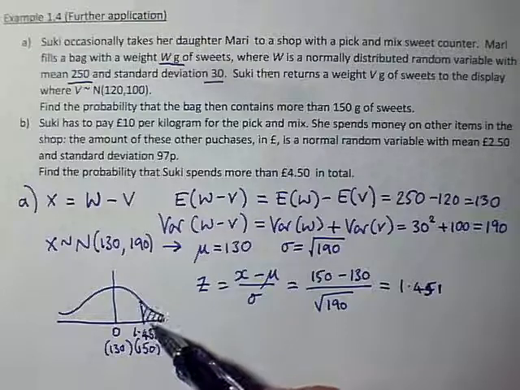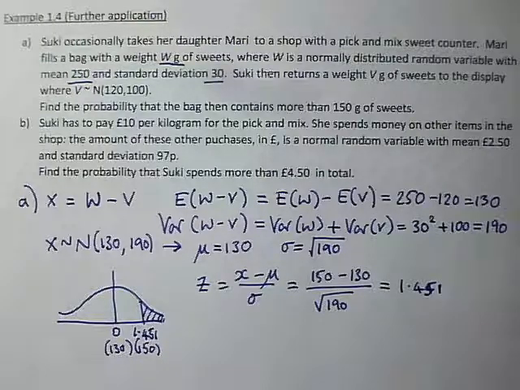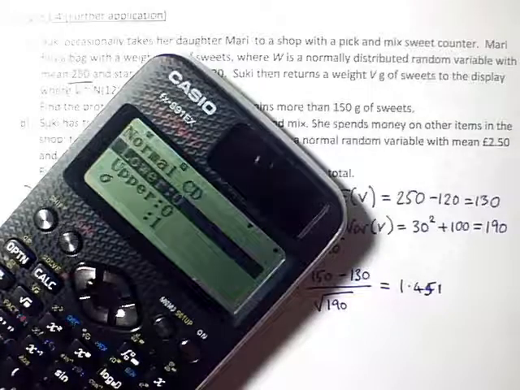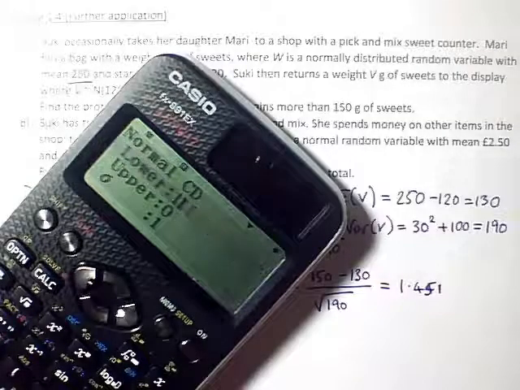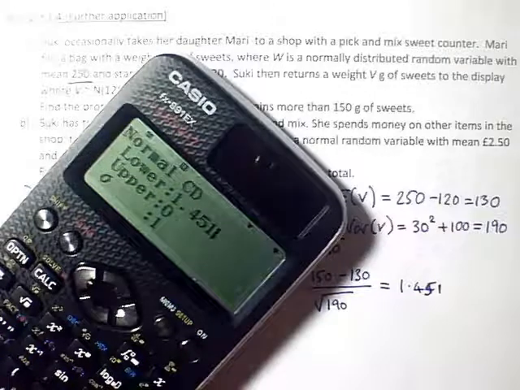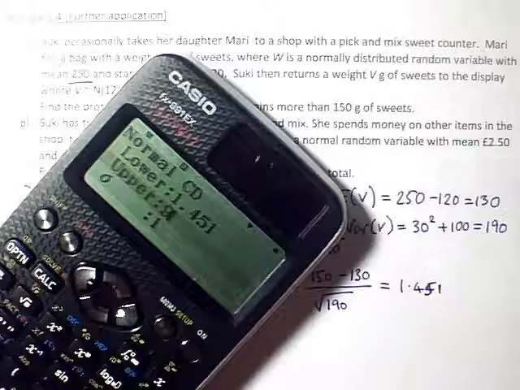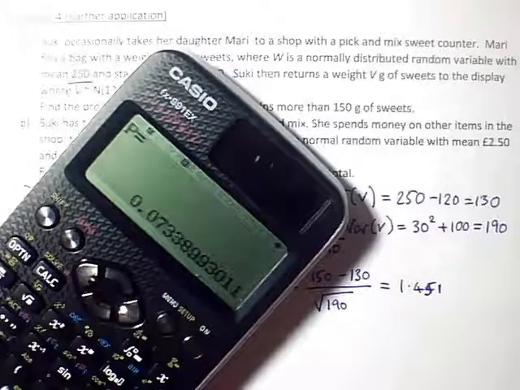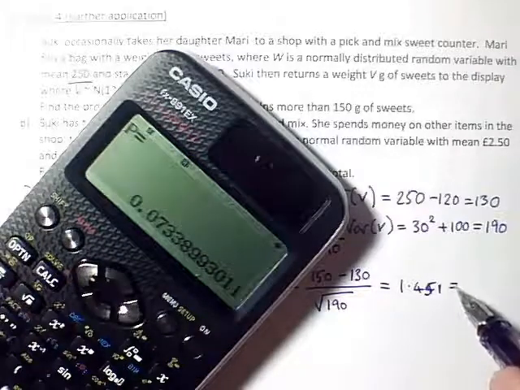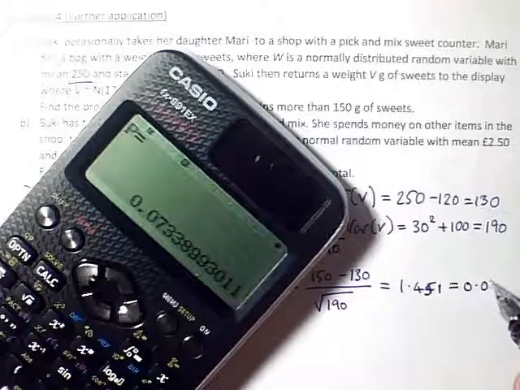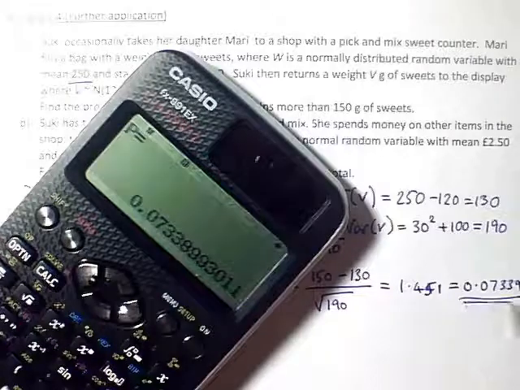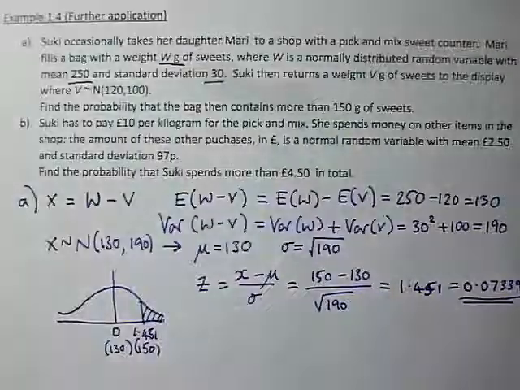So I'm going to use that as the lower bound, and I'm going to go up to a high positive value. So I'm going to go into normal CD, and my lower bound is that 1.451, and my upper bound is going to be something large and positive, and I'm going to get my probability of 0.07339. And that's my answer for part A.